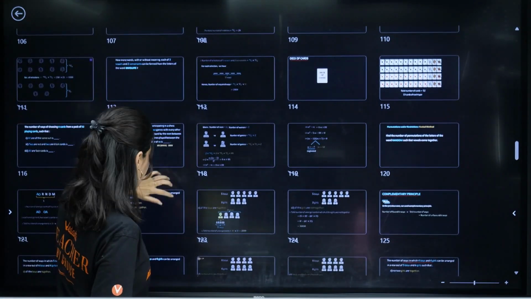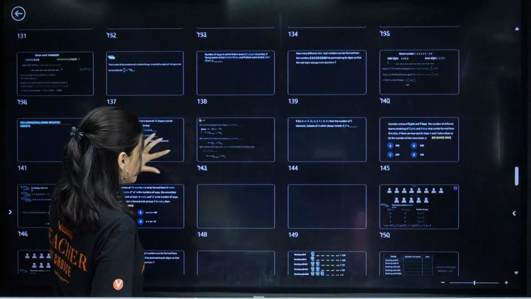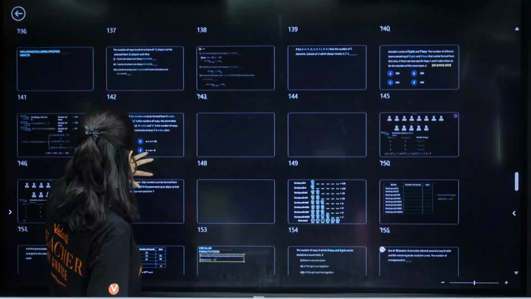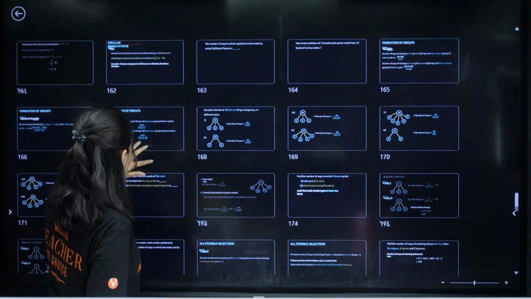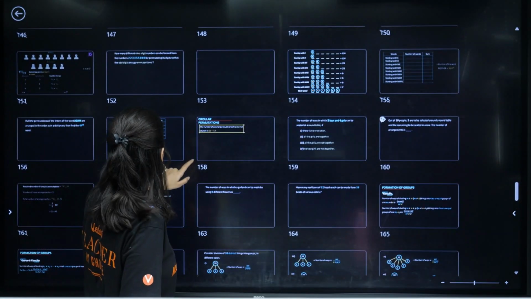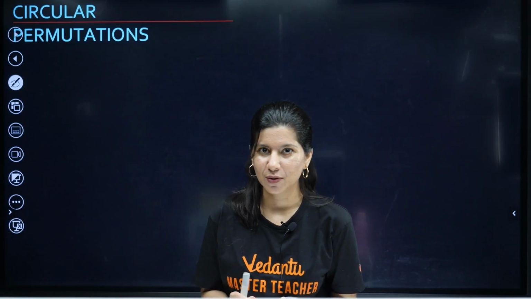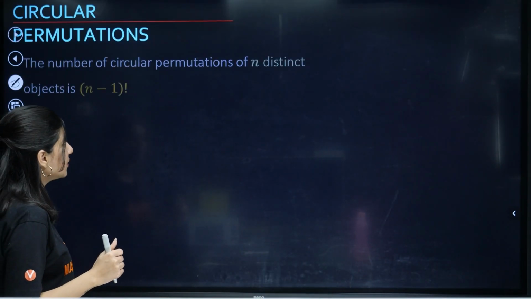So this much we already have completed, right? And also I forgot formation of groups. How can I forget that? Formation of groups also we are going to cover. So let's start with circular permutation.